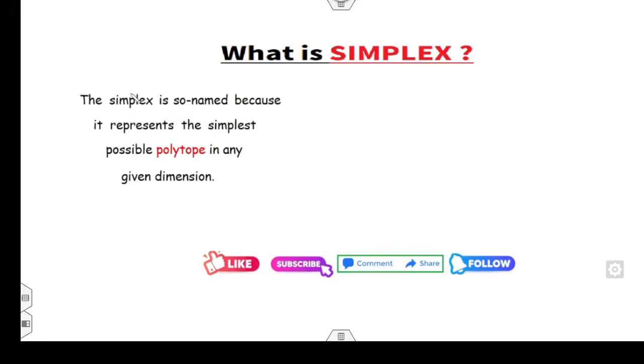Now, based on this, I hope you have understood the meaning of the simplex. So why do we call it a simplex? The simplex is so named because it represents the smallest or the simplest polytope in any given direction.